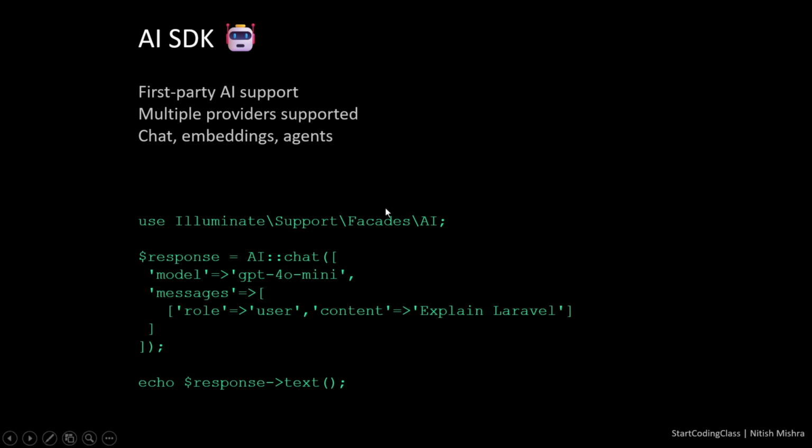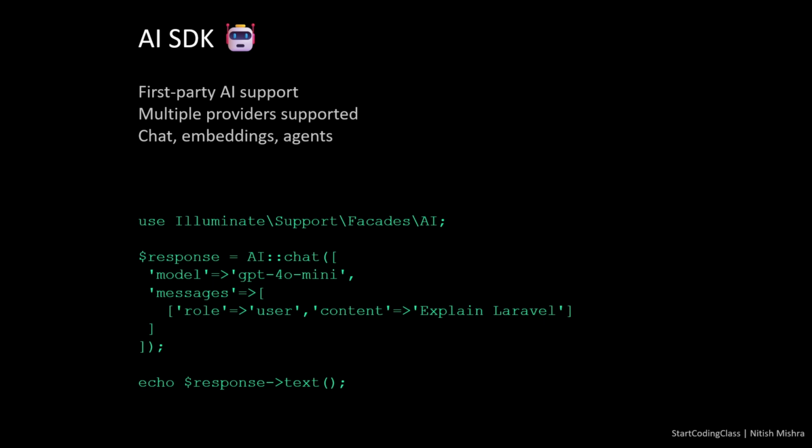This chat is sending the request to the AI model. Inside this model, you define the AI provider, the message is just like the user input, and text is the returned response. With this you can build a chatbot, AI app, AI API, content generator, AI agent, everything.